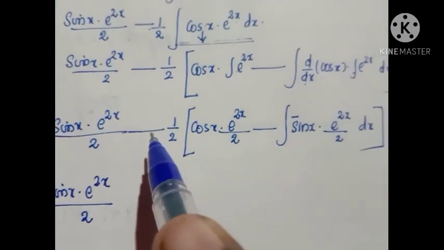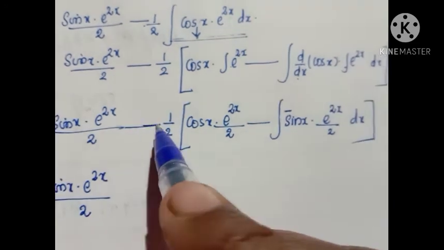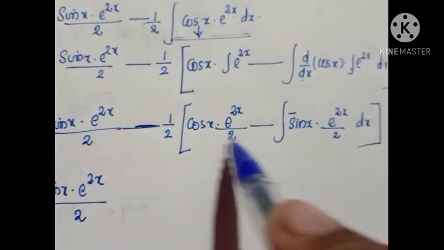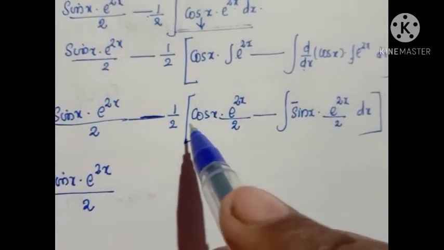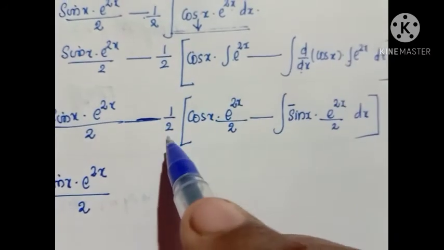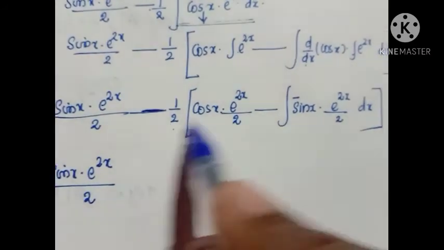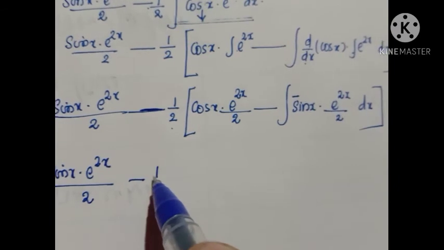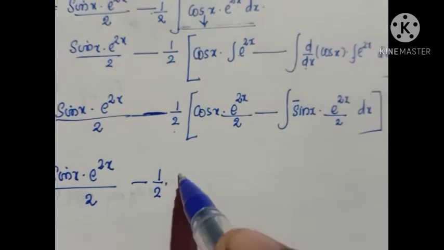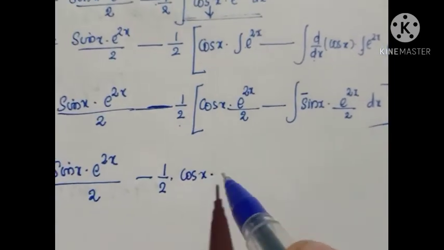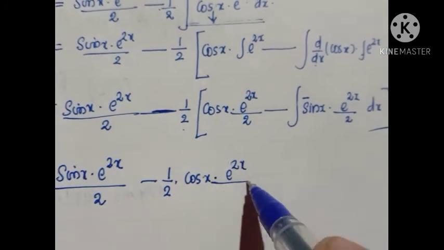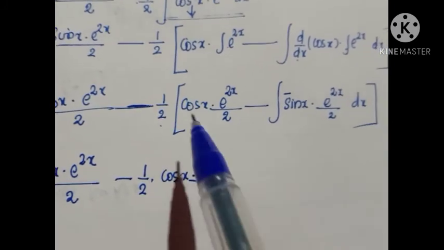See here, I am going to distribute this negative 1 by 2 to these terms. Okay, or multiplying negative 1 by 2 with these two terms. So this becomes negative 1 by 2 into cos x into e raised to 2x by 2. Okay.